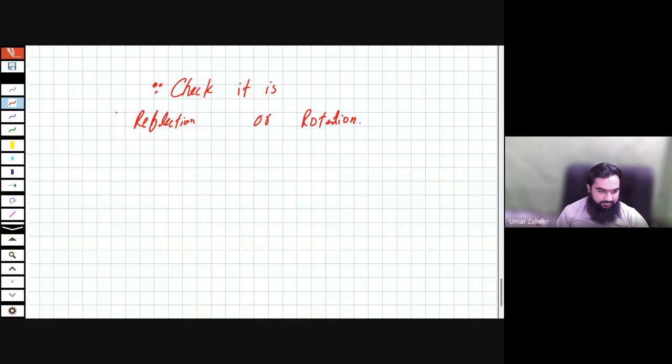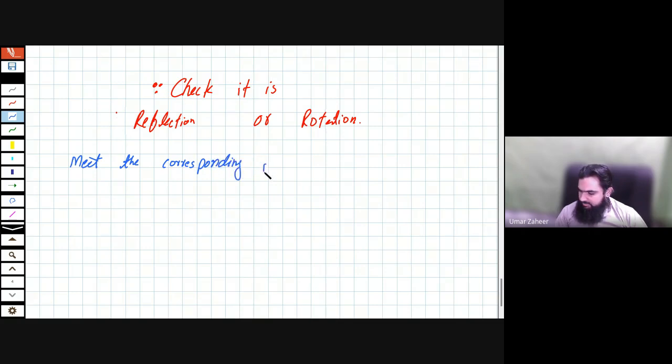What you will do, you have to meet the corresponding points with a line.